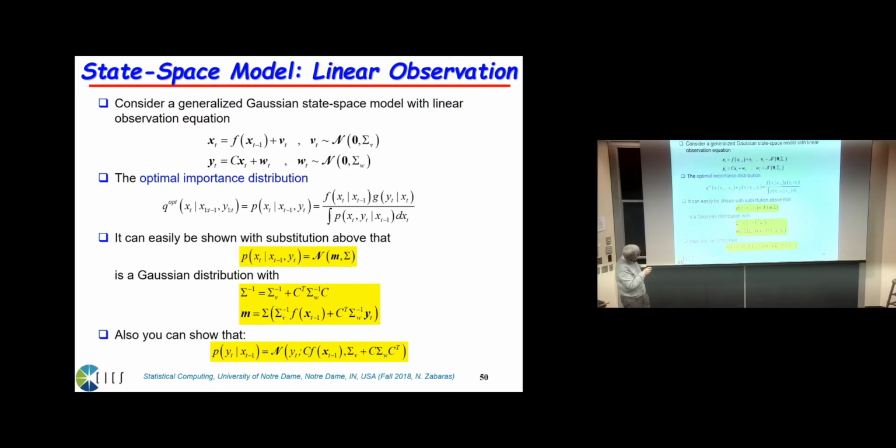So really what you need is the observation model to be linear, then you can get very nice answers. You don't really care if the dynamics are linear or not, okay? But if the observation model is linear, the optimal proposal distribution is also Gaussian, and you write this explicitly the way that you see here. And later on in the slides, in some of the examples, these formulas are used for particular cases.